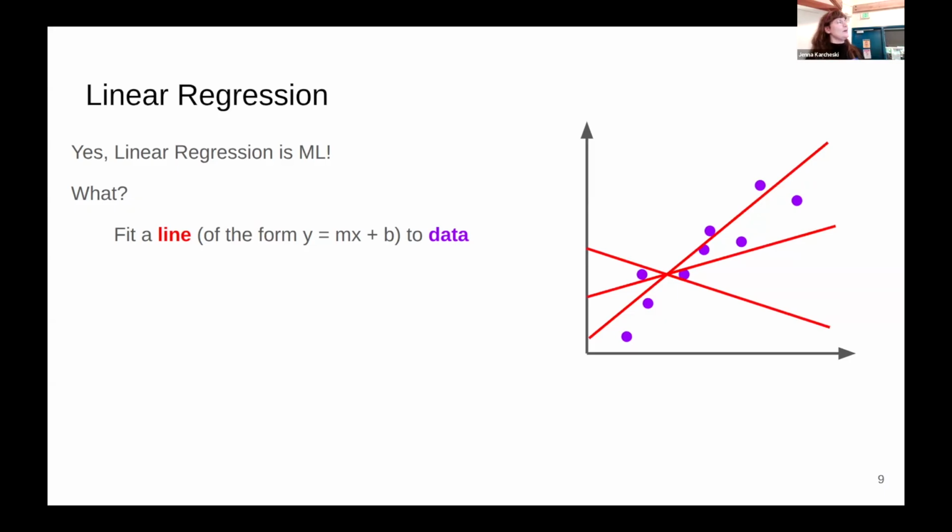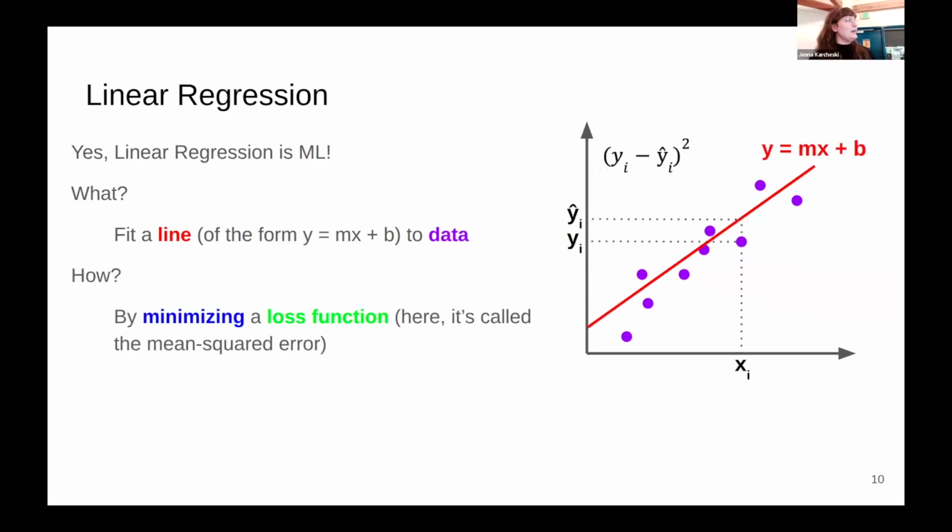We can take all of these random guesses when we first approach this data set, but not all of them are equally good fits to the data. So how we determine whether a line is a good fit is by defining a loss function. In this case, we have the mean squared error, which just means we subtract the actual value of the data point from our model, or vice versa.